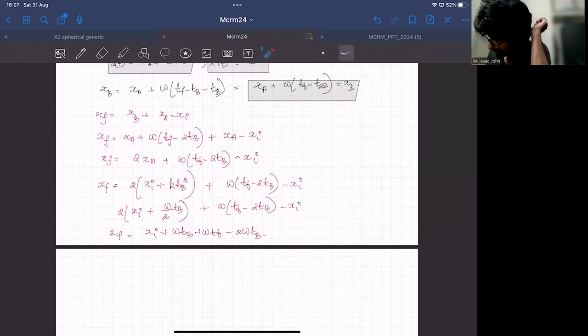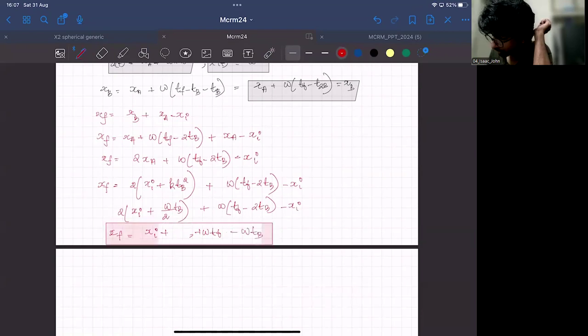I can simply cancel this plus omega tb and minus 2 omega tb, so I'll rewrite it over here itself as minus omega tb. So from here, if you simplify, an expression for tb is nothing but xi minus xf plus omega tf, divided by omega.